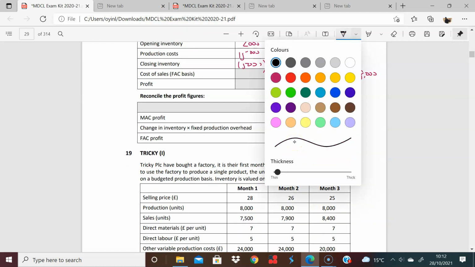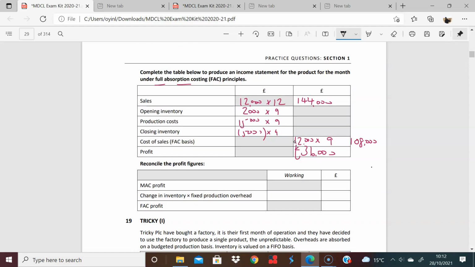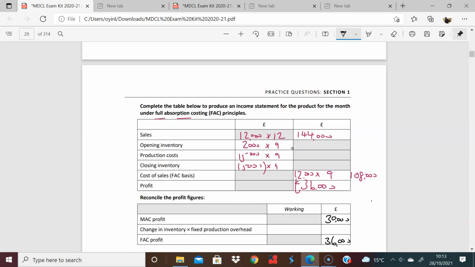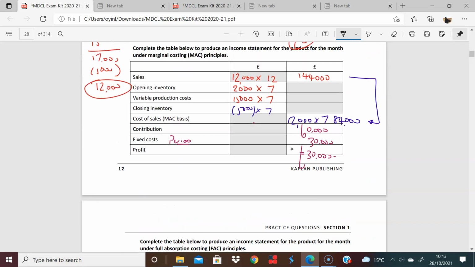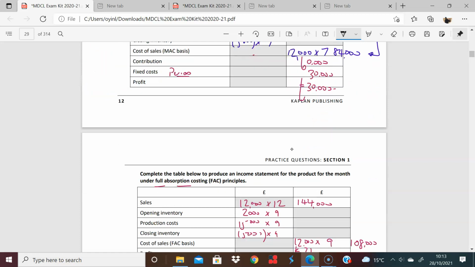So, just following the order, which is quite nice, I'm happy they're giving that to us, where they're telling you to take the marginal profits of 30,000 and reconcile that to your full absorption costing profits of 36. Because with marginal costing, all the cost is going through that period.